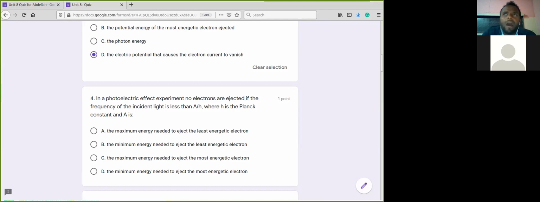For example, have you seen from the Bohr model, the energy with principal number n equals 1 is minus 13.6 electron volt, yes? That is the least energy. So it is closer to the nucleus, yes?